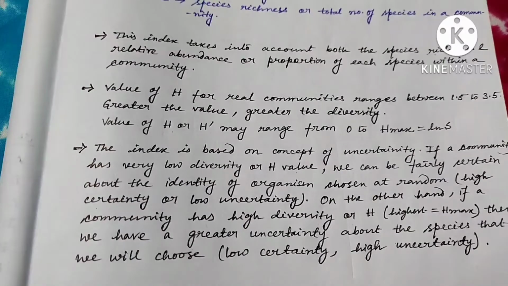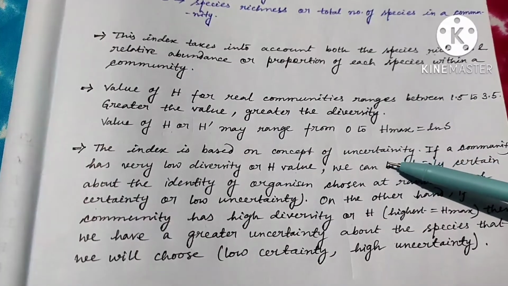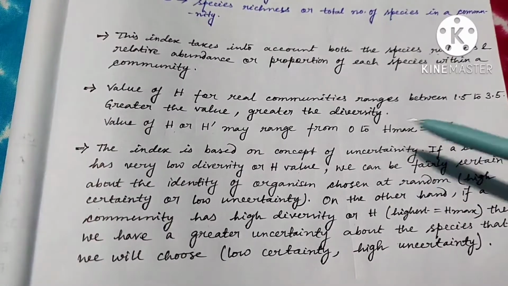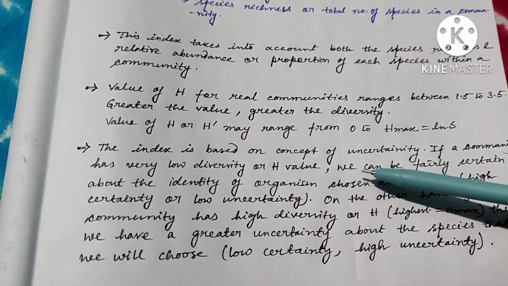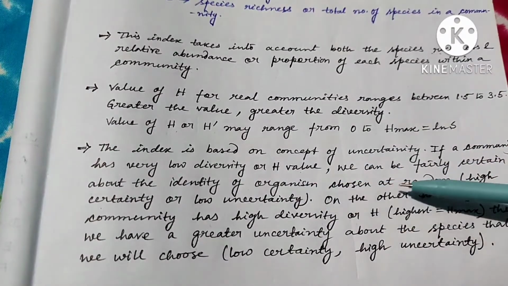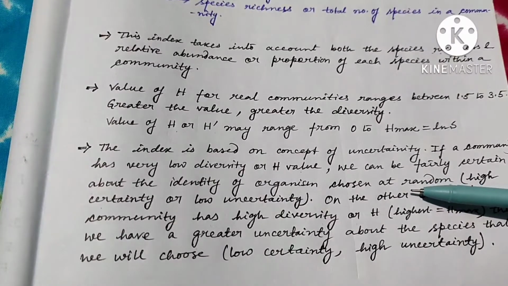Now see, this index is actually based on the concept of uncertainty. What does that mean? If a community has very low diversity, that means the H value is very low, then we can be fairly certain about the identity of an organism chosen at random. Because if the diversity is very low, then we can easily say which will be the next sample taken from the community.